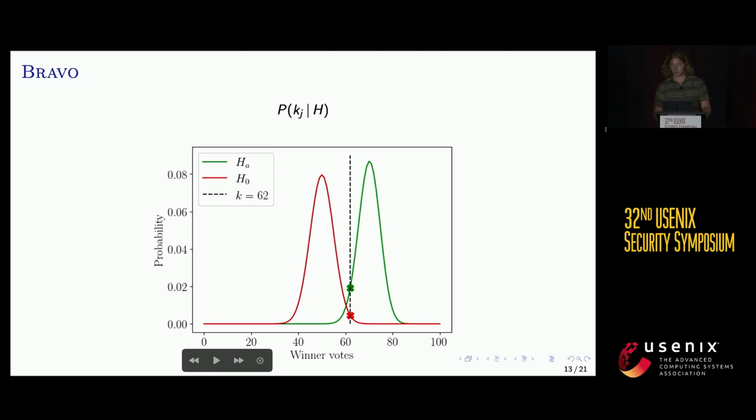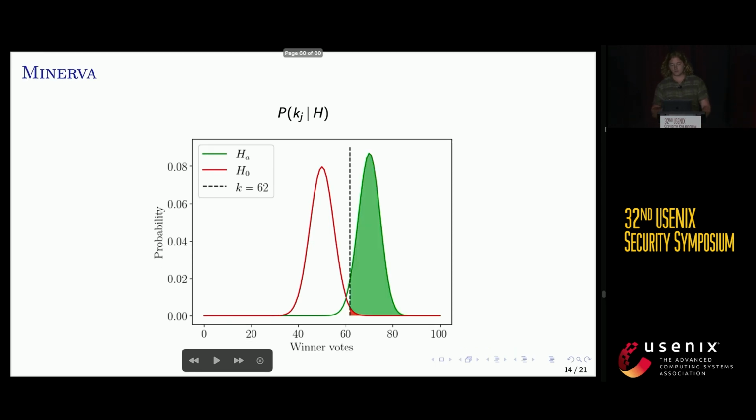It outputs undetermined. Now, MINERVA looks at the exact same probability distributions, but instead of placing a threshold on the ratio of the points observed on the distribution, it places a threshold on the ratio of the tails. Now, this is still risk limiting, so that's good. But it's also nice that this is more efficient because the ratio of the tails is always greater than or equal to the ratio of the points.